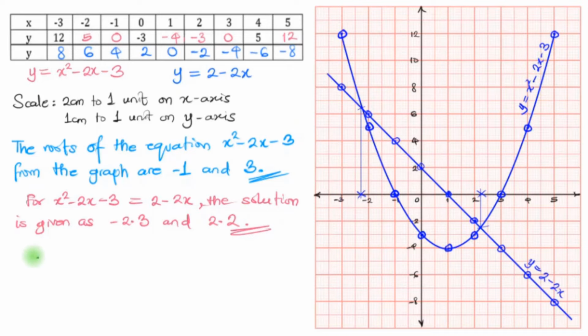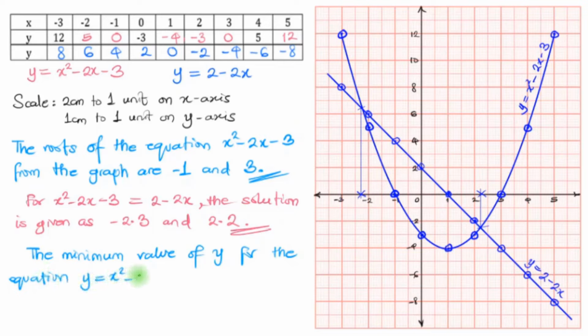So from the graph, the minimum value of y for the equation y is equal to x squared minus 2x minus 3 is nothing but minus 4.